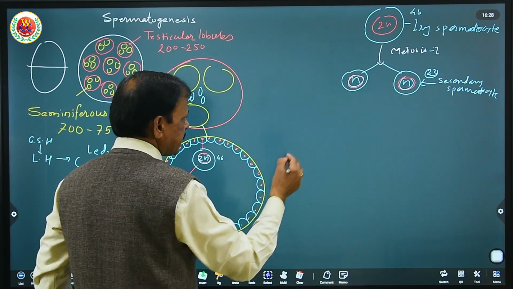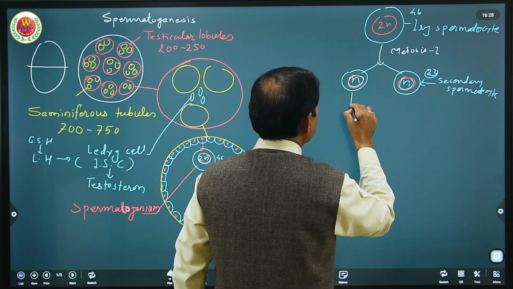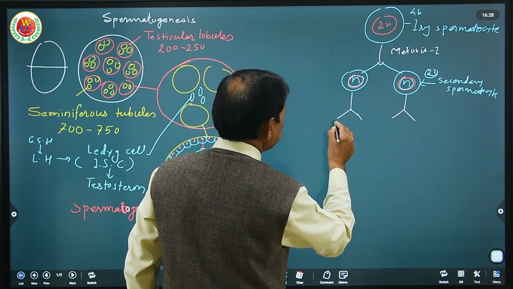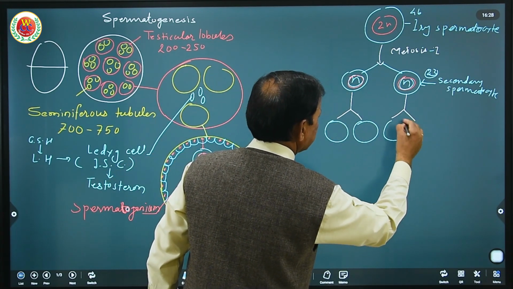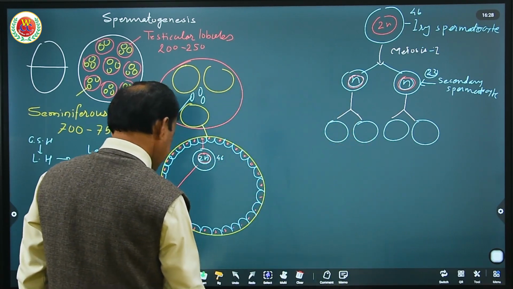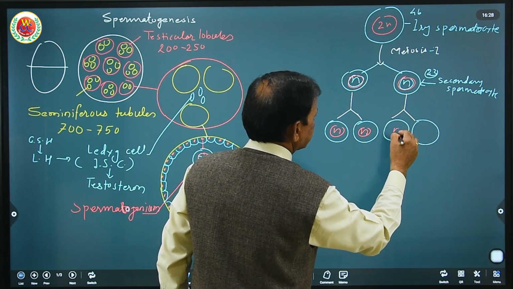Now these secondary spermatocytes undergo meiosis 2 and produce 2 spermatids each. So a total of 4 spermatids are produced.